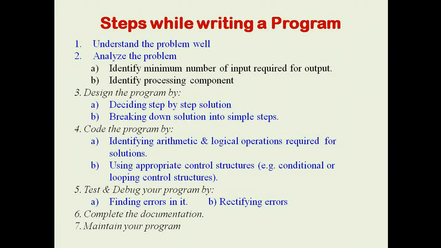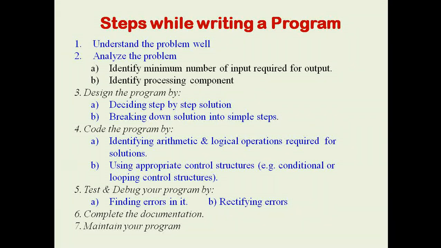Then in the second step we will analyze the problem. How can we analyze a problem? By identifying the minimum number of inputs required for the output. First of all, we'll see how many inputs are required to find any particular output.